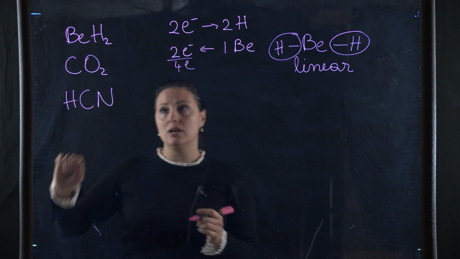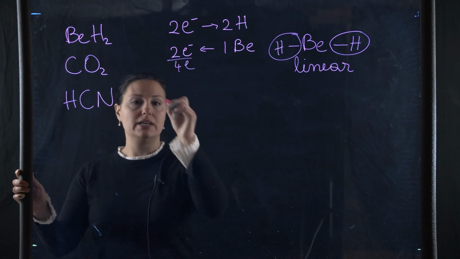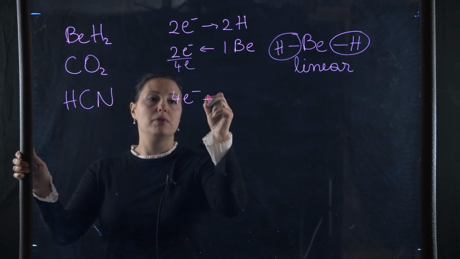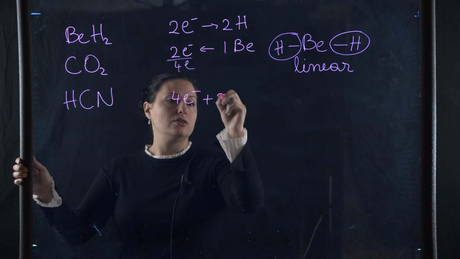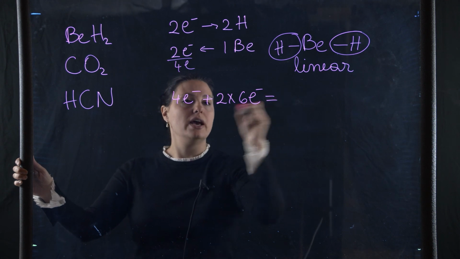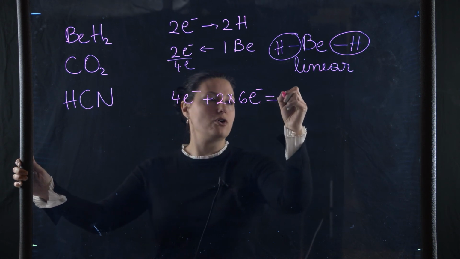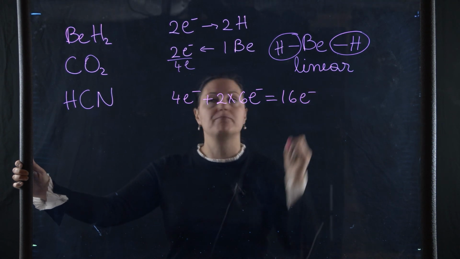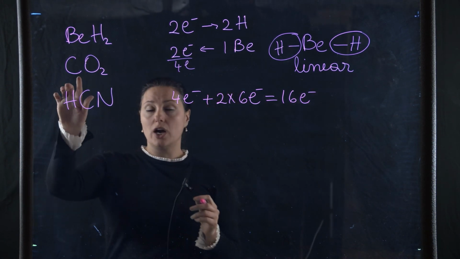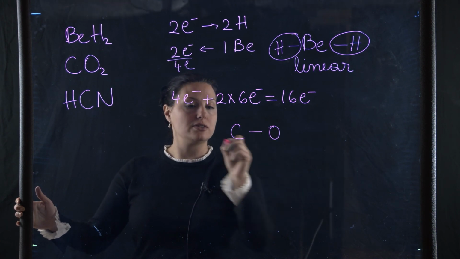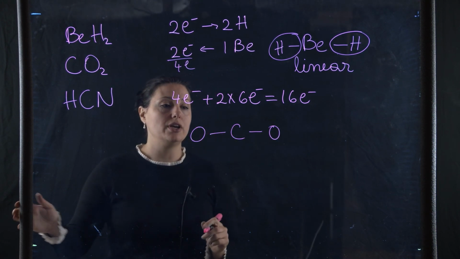Now I can have several types of linear molecule. Let's look at this one where, once again, let's do a tally: 4 electrons from the carbon, plus 2 times 6 from the oxygens, and this is 12 plus 4 equals 16 electrons altogether. Carbon's going to be the central atom, so I have carbon over here and oxygen over here and oxygen over here.